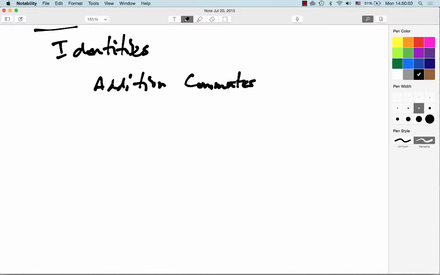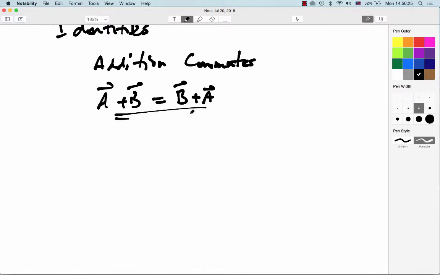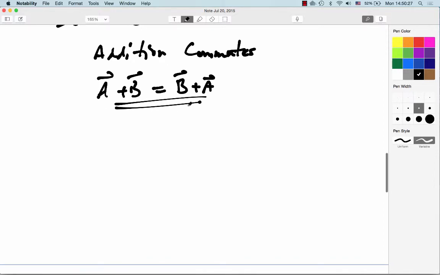We'll do this just to give you some flavor for how people actually prove these things. Usually it's easiest done in component form. So let's go take a look. A plus B. I'm going to assert that that equals B plus A, and it does. But let's go ahead and prove it.